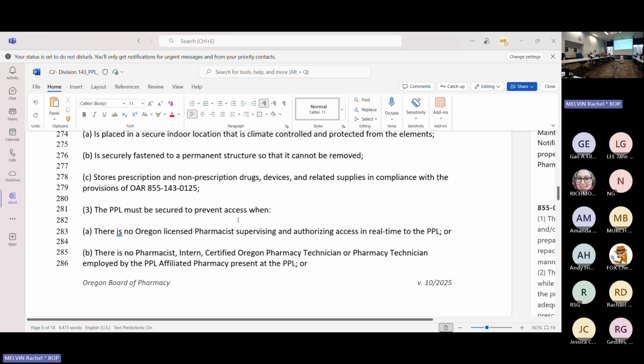I'm pro secure drugs, okay? I want to make sure that's not interpreted any other way. But the same security requirements we have for the pharmacy should mirror these lockers. I'm making an assumption, which you need to be careful about, but I assume most outlets contemplating prescription lockers are going to use ones that come with a lot of great technology.